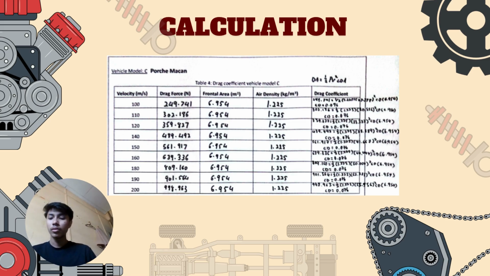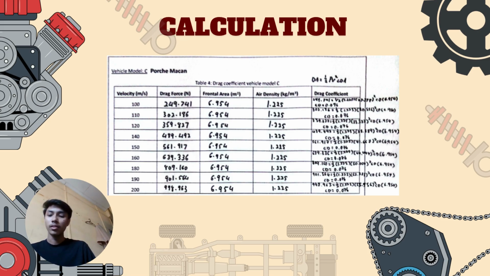Now we move on to the calculation for the Porsche Macan. It is still the same: velocity is given from 100 to 200 meters per second, and the drag force is also the same. For the frontal area, we use the same formula, 75 over 100 times length times width.